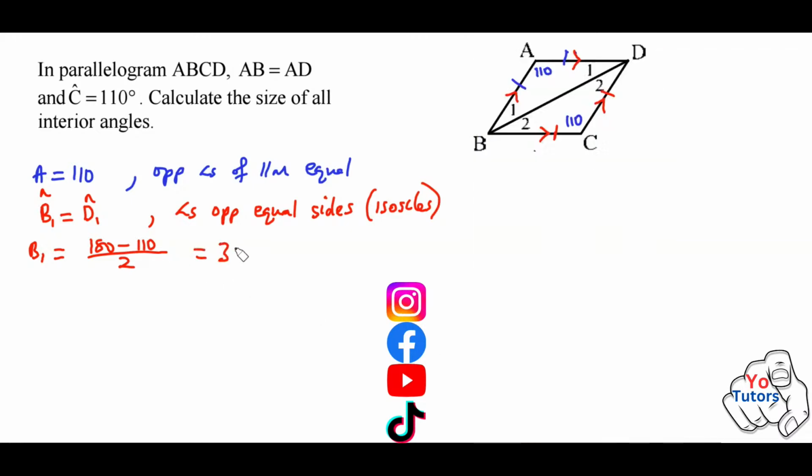So here is 35. So B1 is equal to 35, and D1 is also equal to 35.